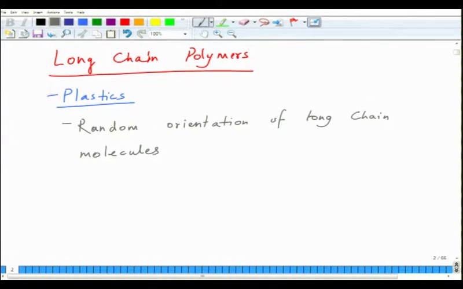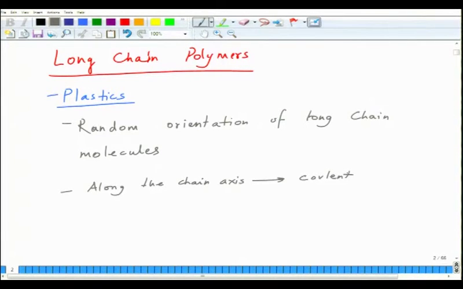So, basically there are long chains of molecules, the polymer chains, which are randomly oriented with respect to each other, and the bonding, as I said, along the chain axis, let us say, is covalent.